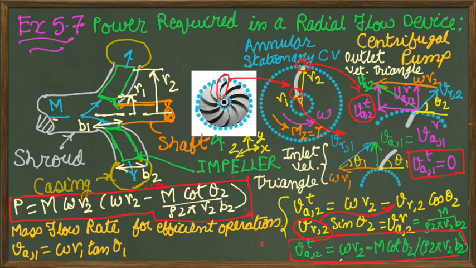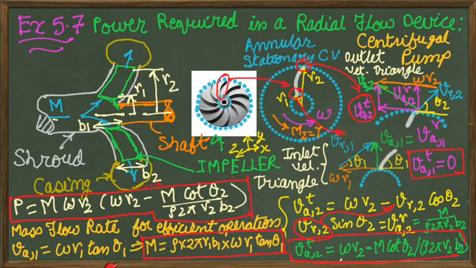Once we know this absolute component, we are interested in the mass flow rate, for which we will use the absolute velocity. Since it's a radial entry at the inlet, we can write the mass flow rate is equal to rho into area into the velocity along the radial direction.